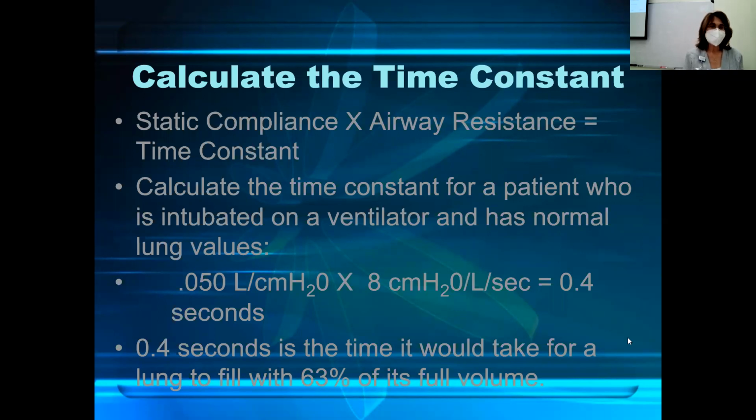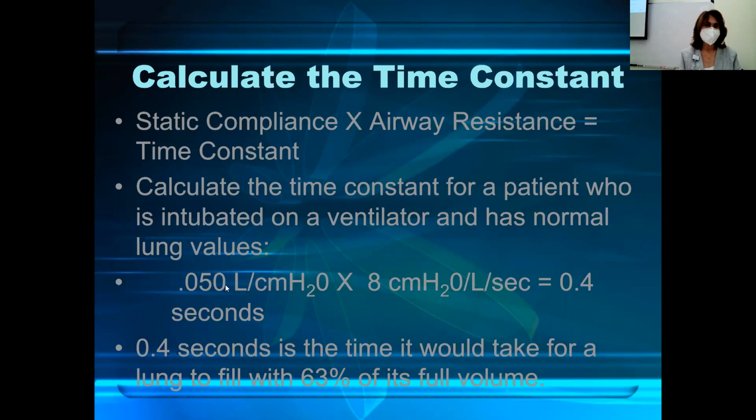Calculate the time constant for a patient who is intubated on a ventilator and has normal lung values. All right, so normal lung values, it's got the static compliance, oh, it's liters instead of mLs. See how different it looks?